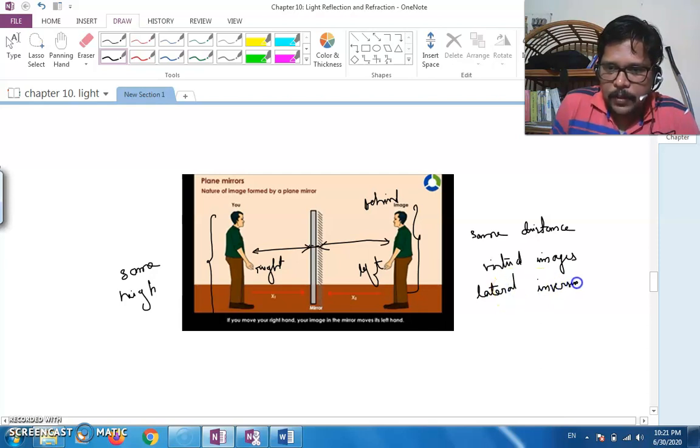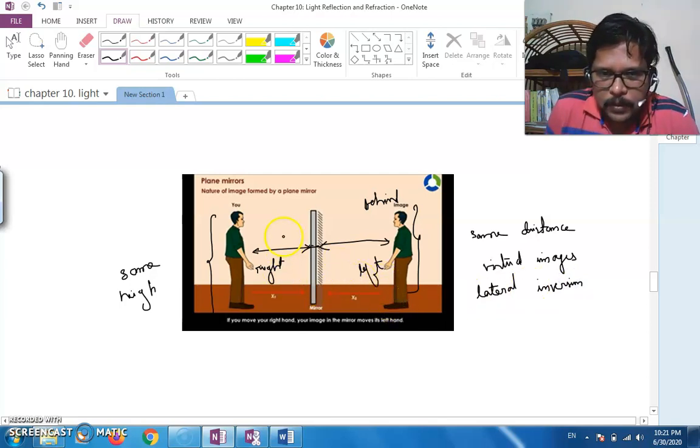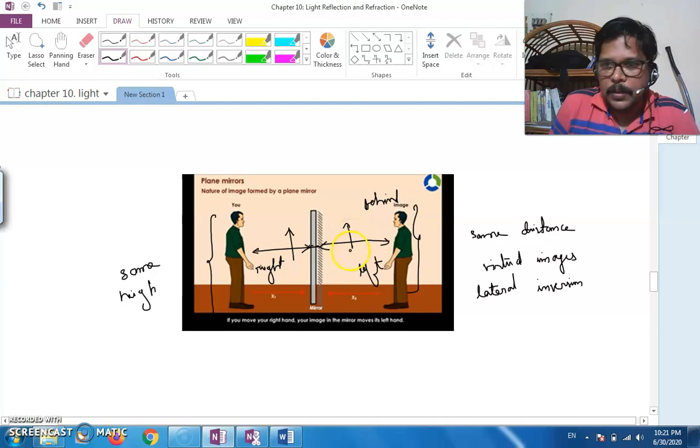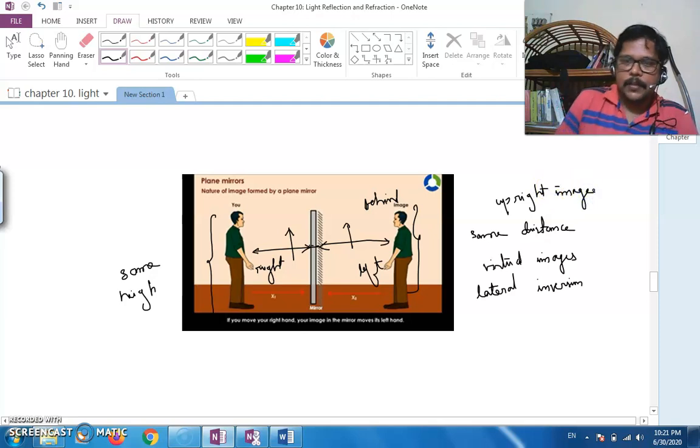The last one we notice is, if a person is standing straight, the image also appears straight. It does not appear inverted. So you don't get inverted images. It's always an upright image.